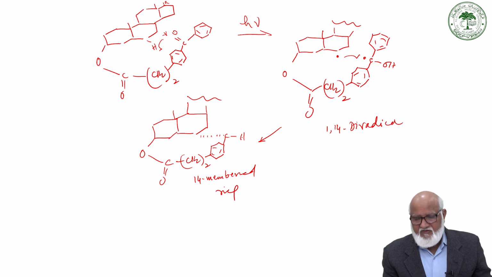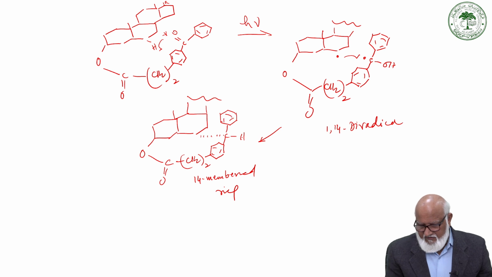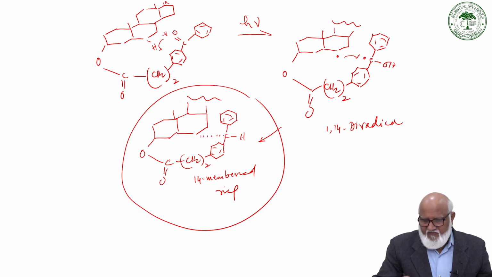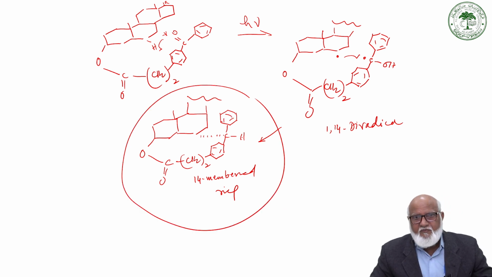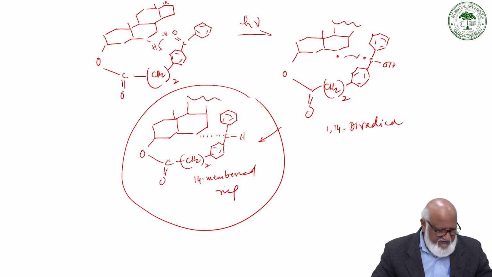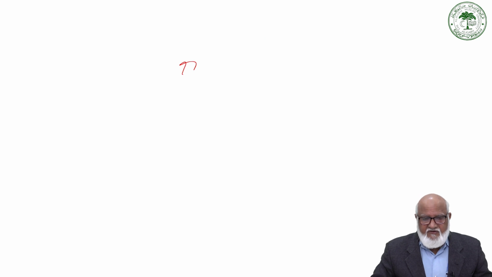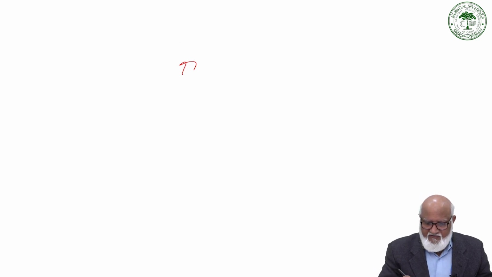This is a new bond formation, and then we can see that it can go to a cyclic system. So you can see a very interesting product could be obtained by similar abstraction by the excited carbonyl. Another example of intramolecular hydrogen abstraction has also been reported.